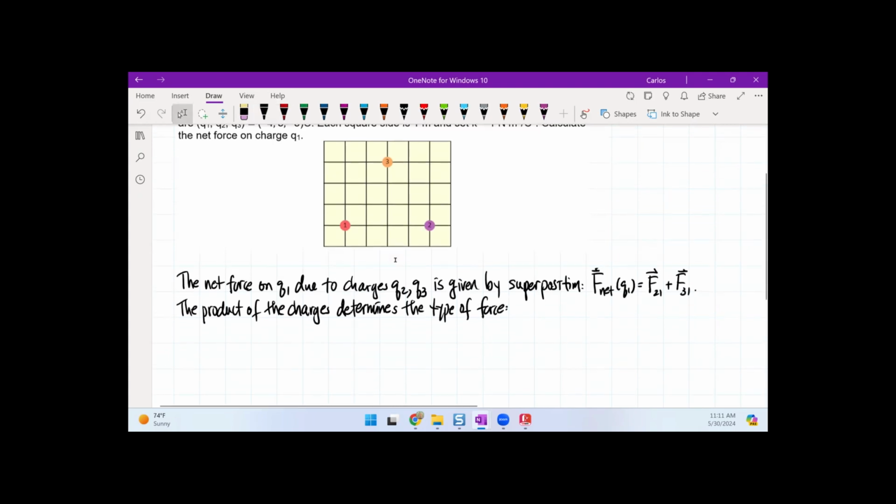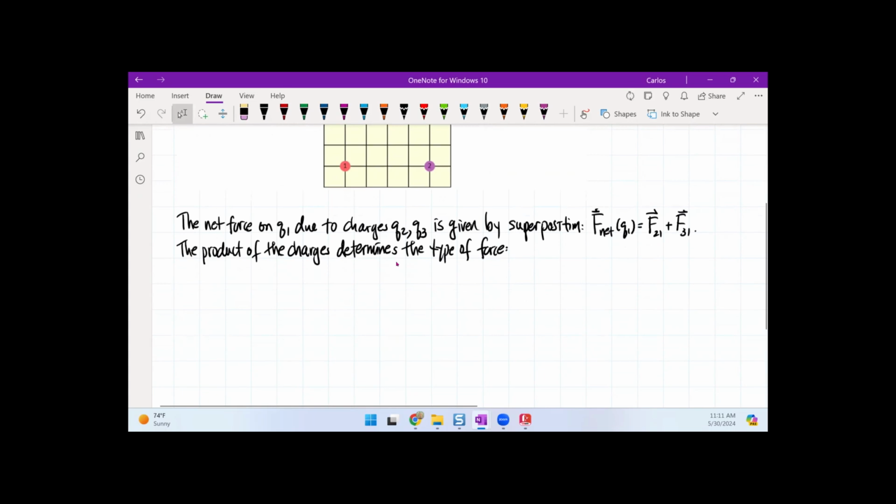So in this situation, we see that the force of 2 on 1 is proportional to Q1 Q2. If I multiply out these charges, I get -4 times 5, so this is -20, which is negative. That means it's an attractive force.